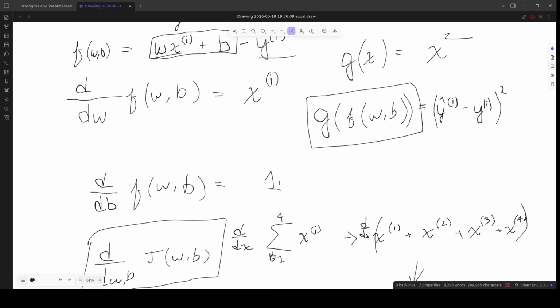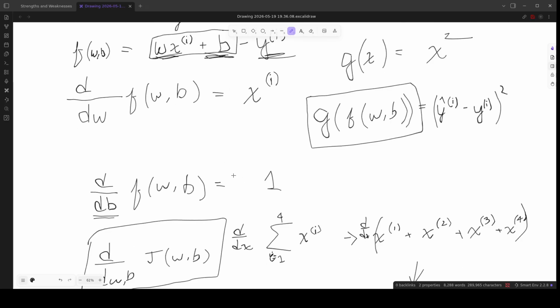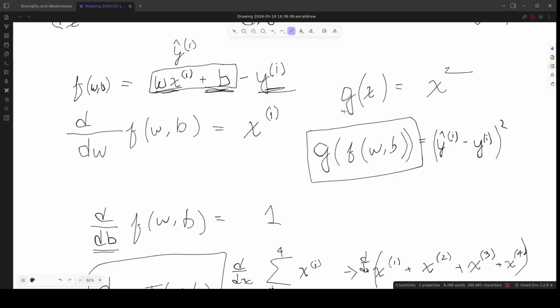And when we find the derivative with respect to b here, then w is a constant and x is a constant, so this whole term becomes a constant and yi is again a constant. So we just have b and it isn't multiplied with anything, so the derivative is just 1. Now we know that the derivative of this function right here will be 2x.